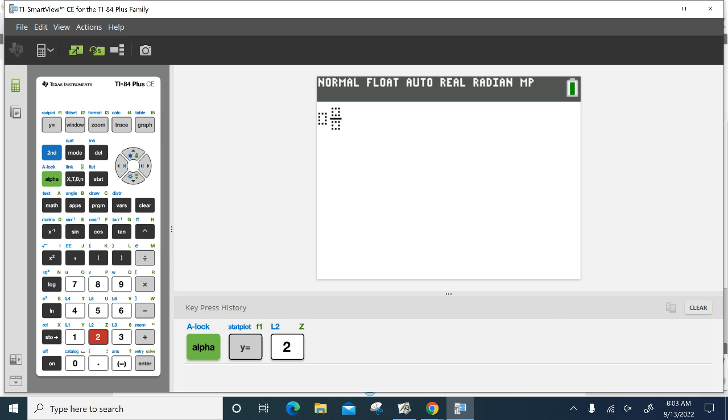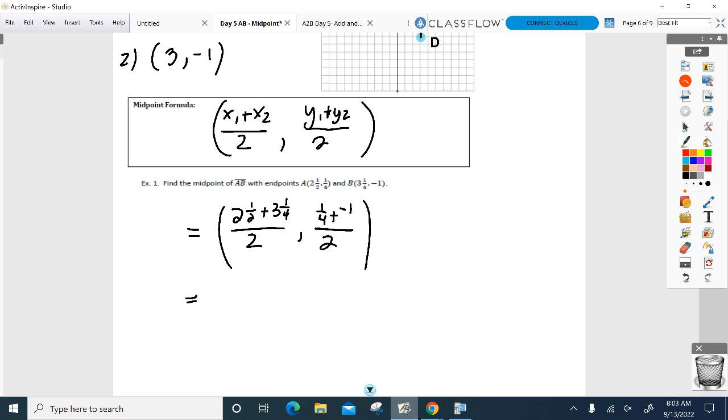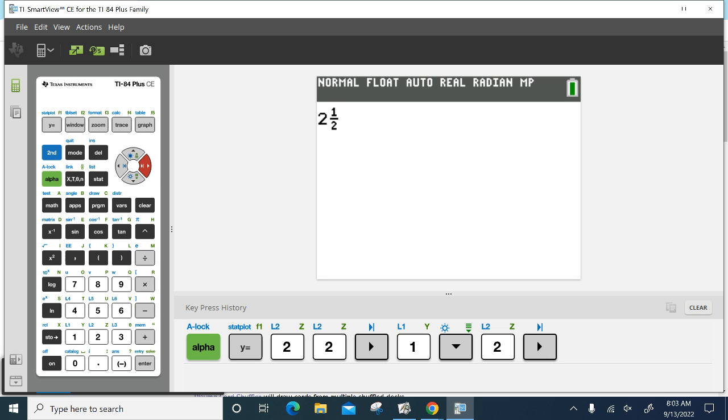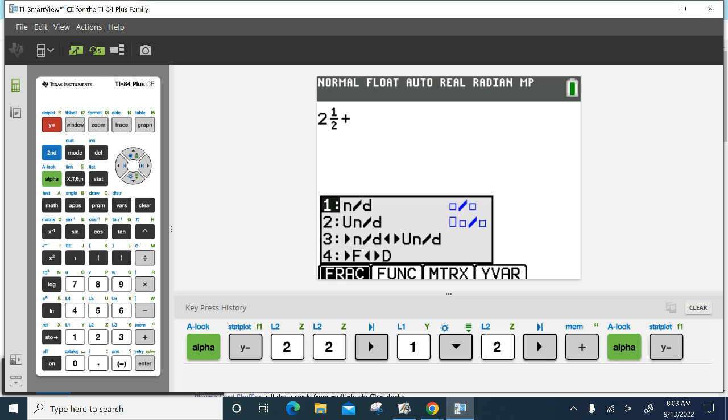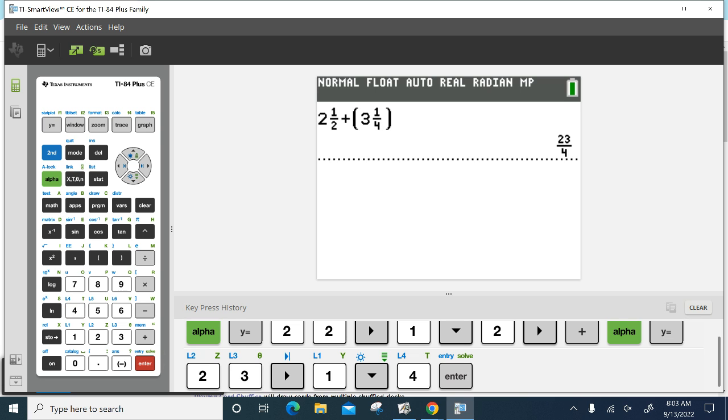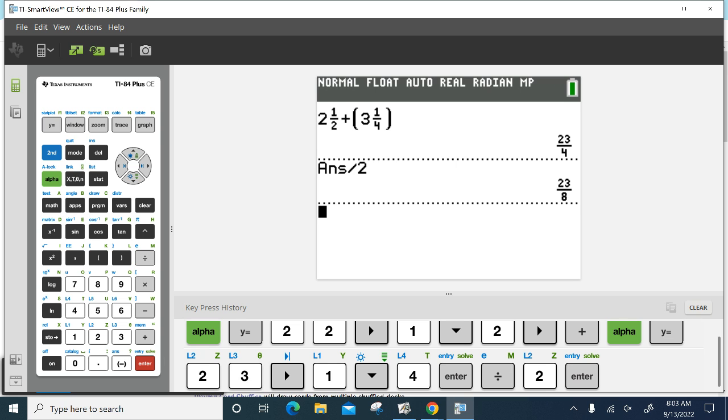So now I can plug in 2.5 plus 3 1/4. There you go. 23/4 divided by 2, because I have to cut it in half. And there's my x. It's not the prettiest, but there's my x coordinate, 23/8.